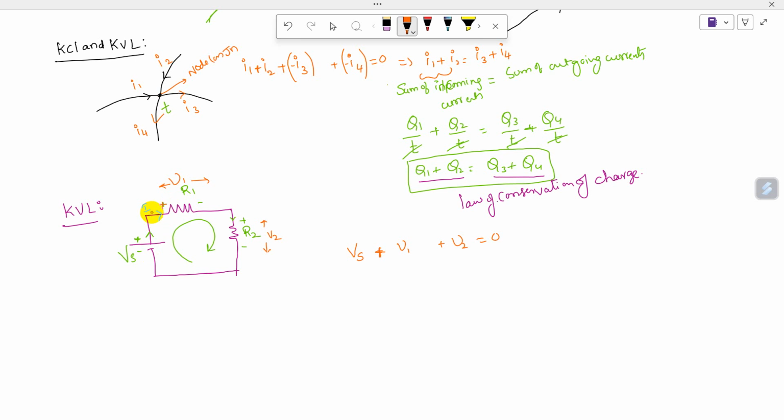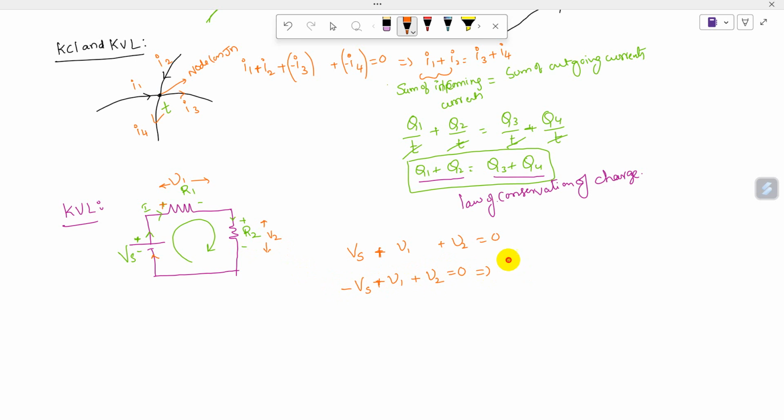This current I is leaving at the positive terminal of the source and entering at the negative terminal of the source. So I can write Vs, and for R1 it is entering at a positive terminal, so plus V1, and for the load R2 it is entering at a positive terminal, so plus V2, equal to 0.